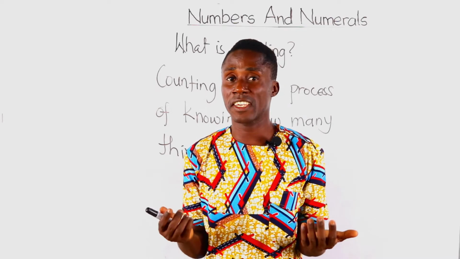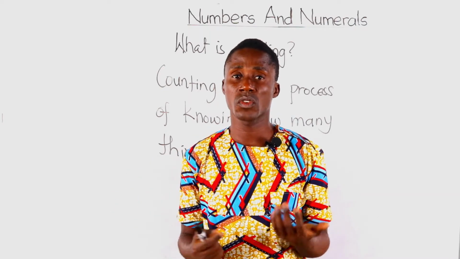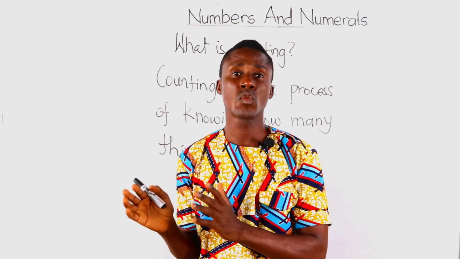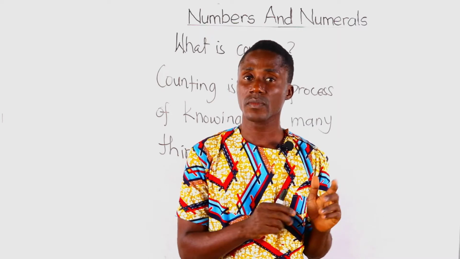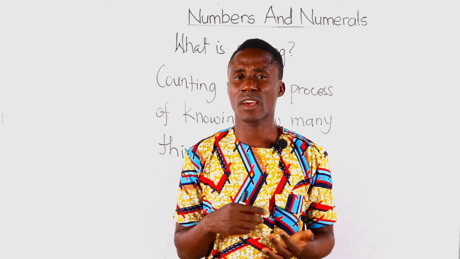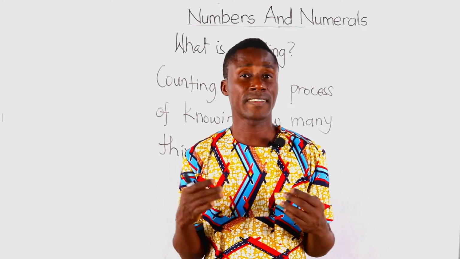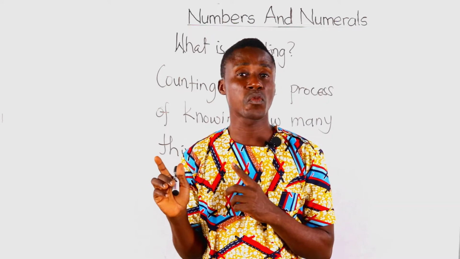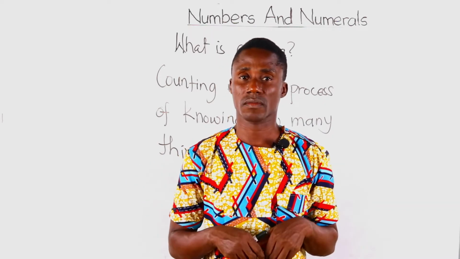Maybe you take a car from your house to your school. That is the process by which you move from your house to where? Your school. Another person may walk from their house to their school, and that is the process that they use to move from their house to their school.